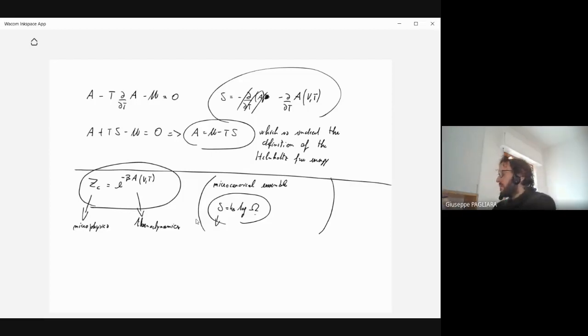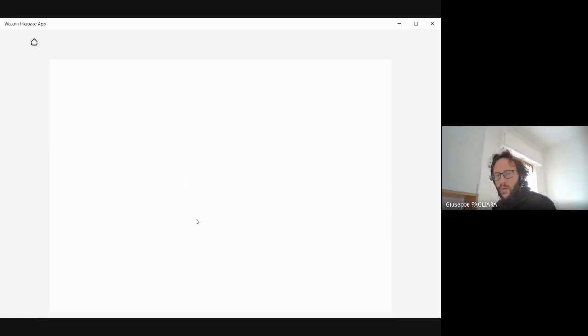Now, as I said before, once we have the canonical partition function, we can compute everything. And maybe we have already computed the average energy, which is the internal energy. Now let us compute, for instance, the entropy.